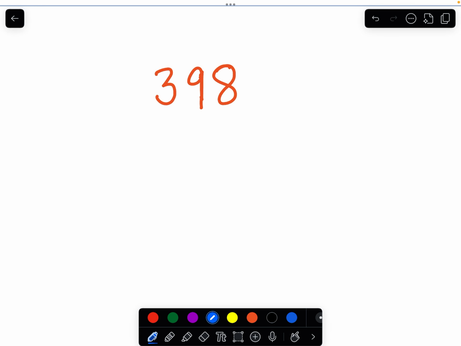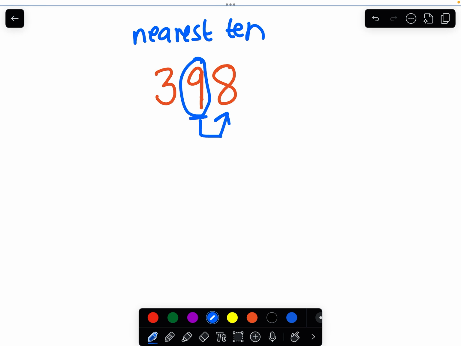Now, in this case, again, you're going to look to the tens digit. We're rounding to the nearest 10. Here's the tens digit. You're going to look at the next place value down, which is the ones digit. And it's 5 or more, which means we got to increase the tens digit by 1. But if we do that, we're going to turn 9 to 10, right?